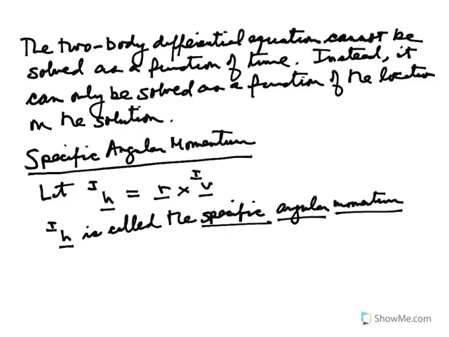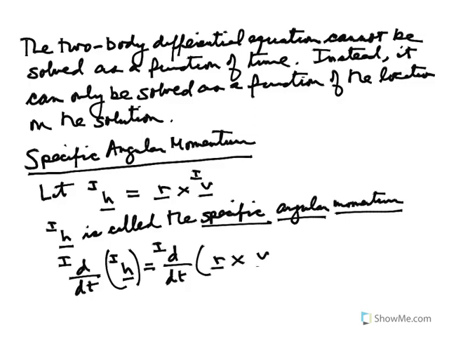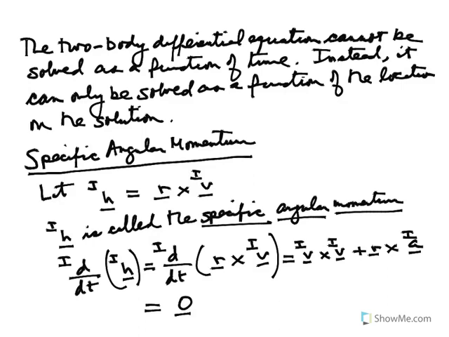The first thing we're going to do is notice something about this specific angular momentum. If we take the rate of change in I of the specific angular momentum, that's equal to the rate of change in I of R crossed with V_I. By the product rule of differentiation, that equals V_I crossed with V_I plus R crossed with A_I. V_I crossed with V_I is 0, leaving R crossed with A_I.